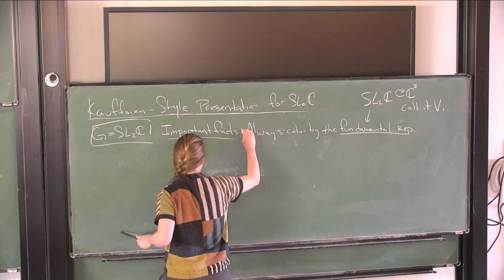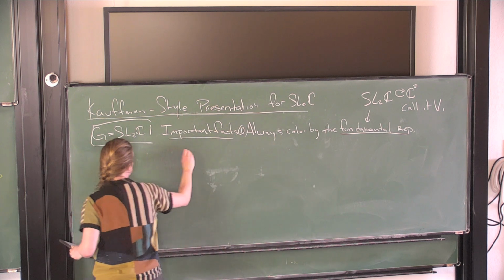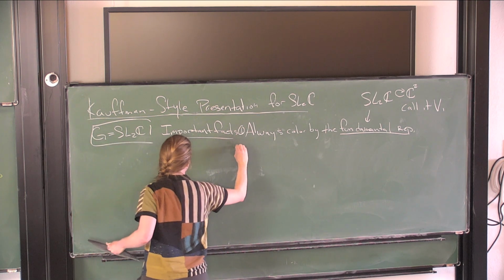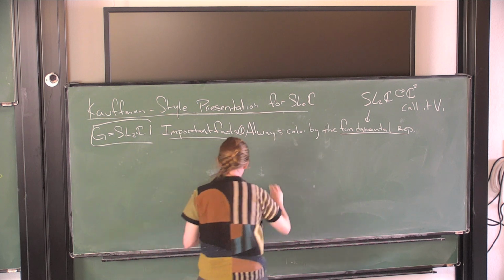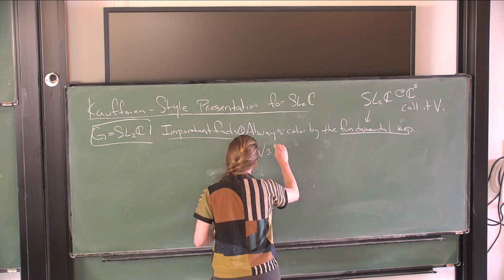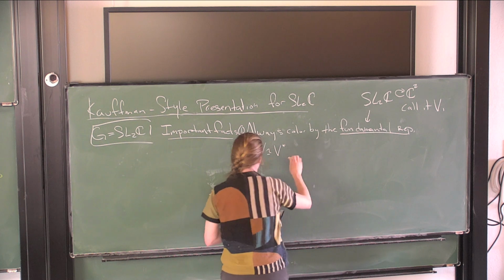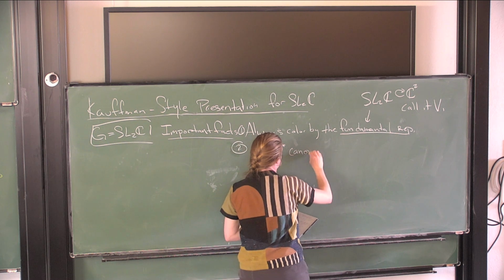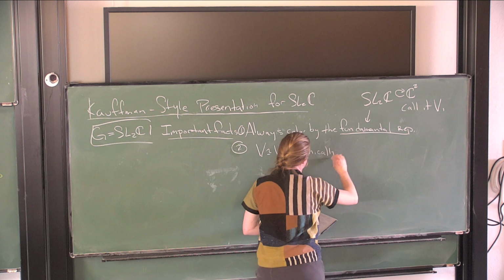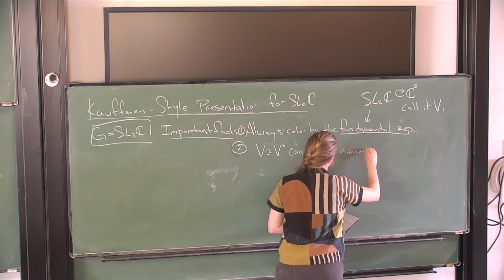So that is the first important fact. The second important fact is that V and V dual are canonically isomorphic.